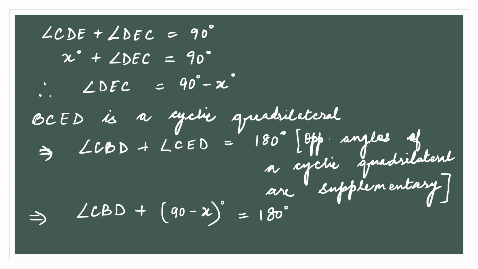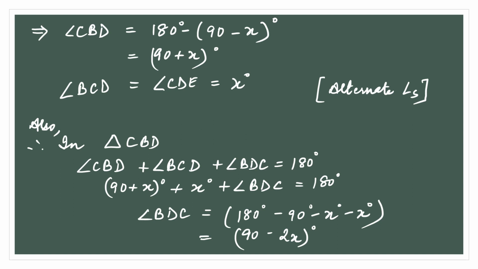Now, since BCED is a cyclic quadrilateral, therefore angle CBD plus angle CED is equal to 180 degree, because opposite angles are supplementary. Therefore, angle CBD plus CED, what is the value of CED? Angle 90 minus x is equal to 180 degree. Therefore, angle CBD is equal to 180 minus 90 minus x degree is equal to 90 plus x degree.